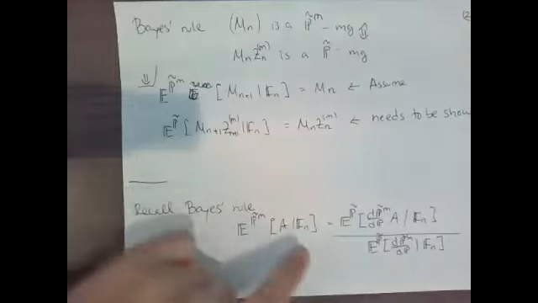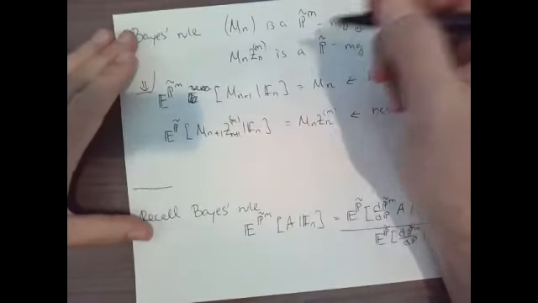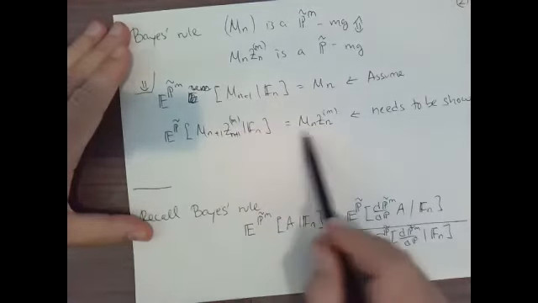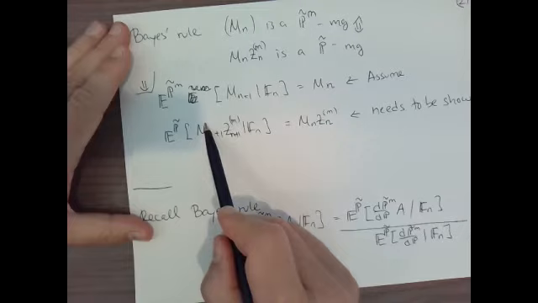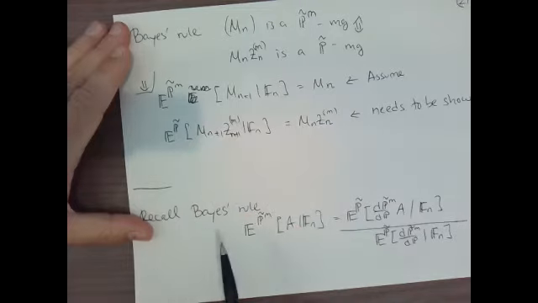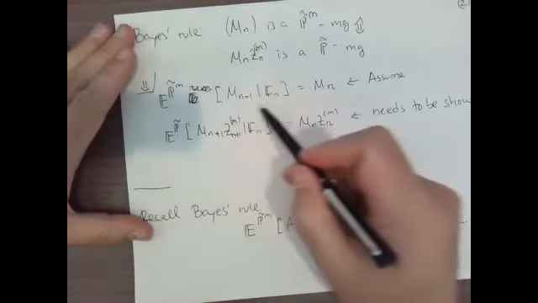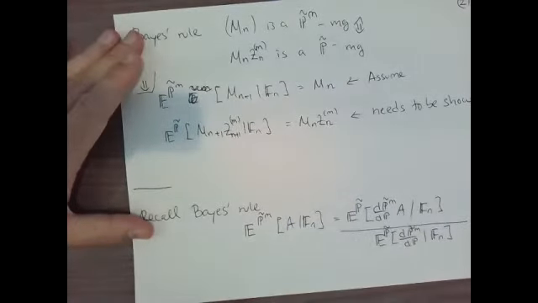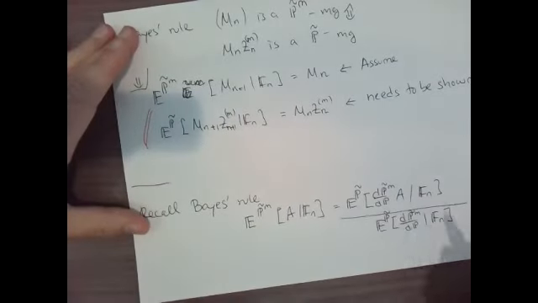If I use Bayes' rule down here, the assumption is the top part, and I want to show this part. So how would I go about doing it? I'll use Bayes' rule to work on the left-hand side. So I'll work out what the left-hand side is. This thing here is equal to all this mess we have down here.